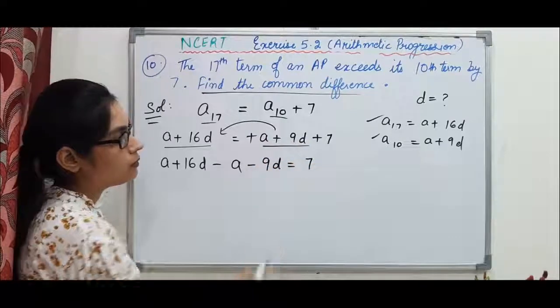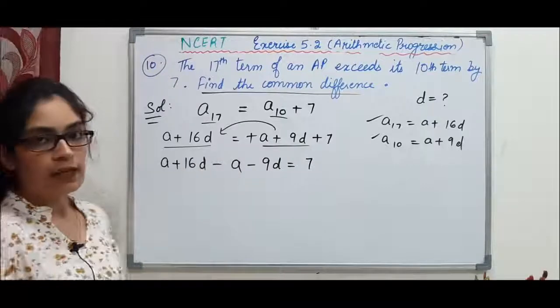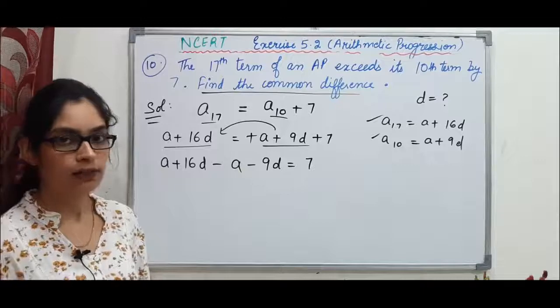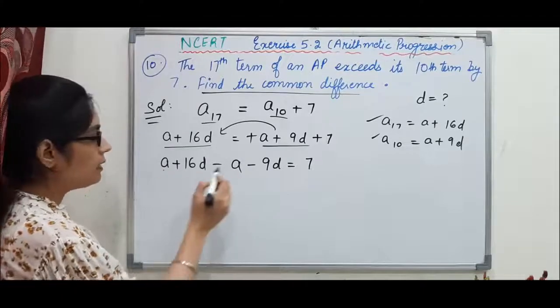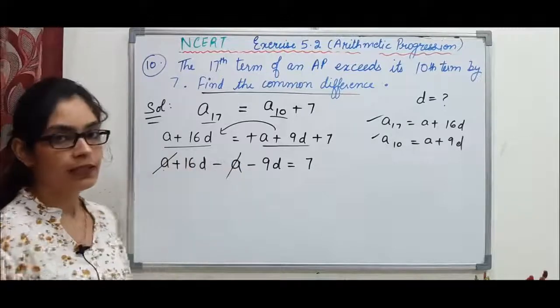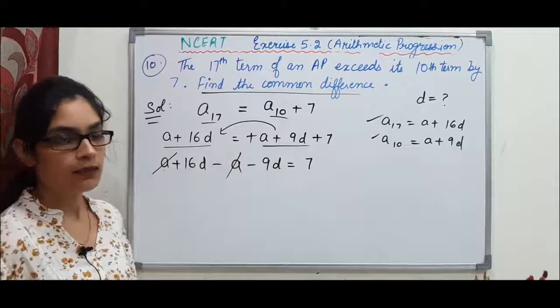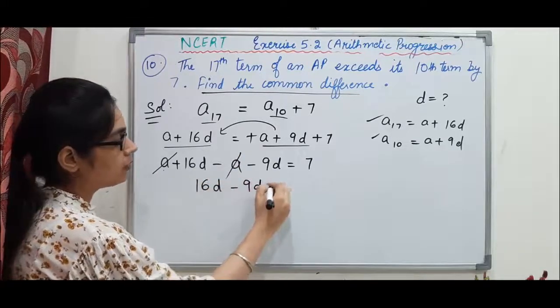It equals to plus 7. So as it is I will write a and a, these are like terms, d and d, these are like terms. So while adding or subtracting, only like terms can be added or subtracted. a minus a, it is 0, so we can directly cancel it. 16d minus 9d. So this we can write 16d minus 9d is equal to 7.